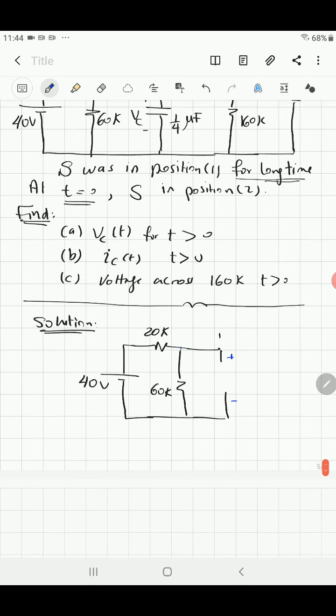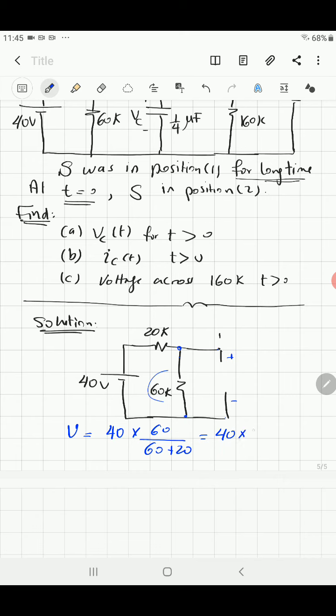It's very simple. The voltage across these two points is the same as the voltage across the 60 kilo ohm. So I'm going to use the voltage divider rule. The voltage across 60 kilo ohm is equal to the total voltage 40 times 60 kilo ohm divided by the total 60 plus 20.